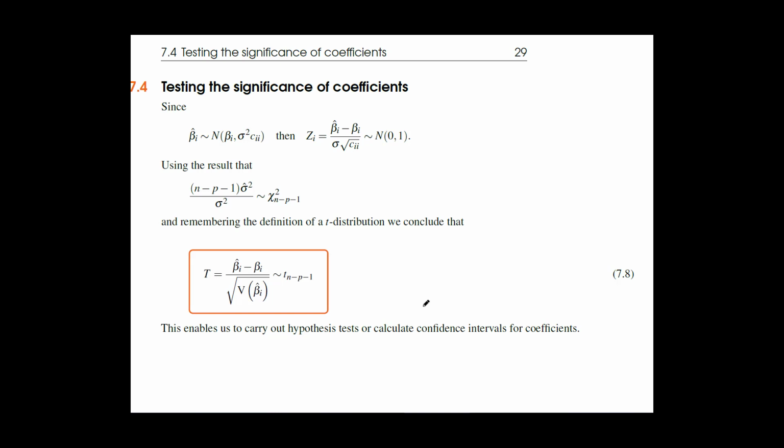You think of beta hat as the x bar, and the beta without the hat as the mu that we had in chapter 5 or 6. So you notice it's the same logic. We have this guy that's normally distributed, then we standardize it, and we also know that C squared is chi-squared distributed, so we're going to have all the same theory. And the t-statistic now has this form, and it's going to be t-distributed.